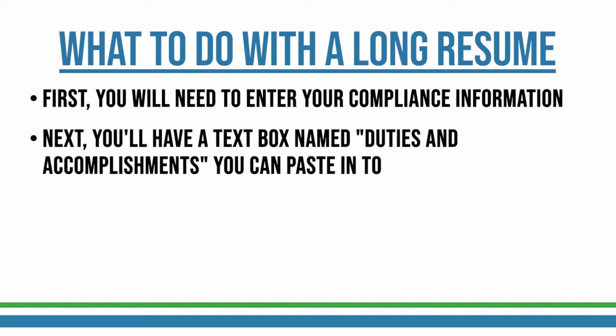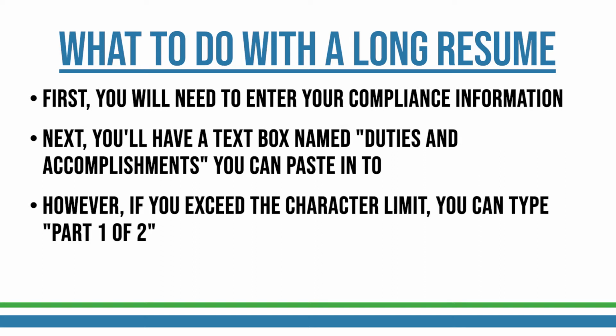But if your content there is 7,500 characters, you're not going to get that into a text box that has a 5,000 character limit. So what you do is in that text box, you type in part 1 of 2. And I would type that in capital letters.